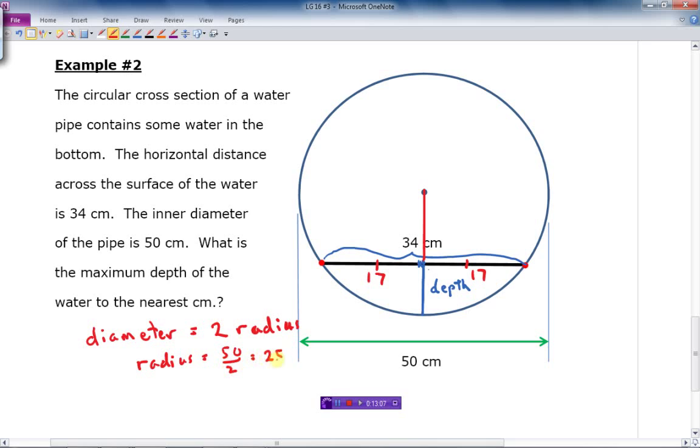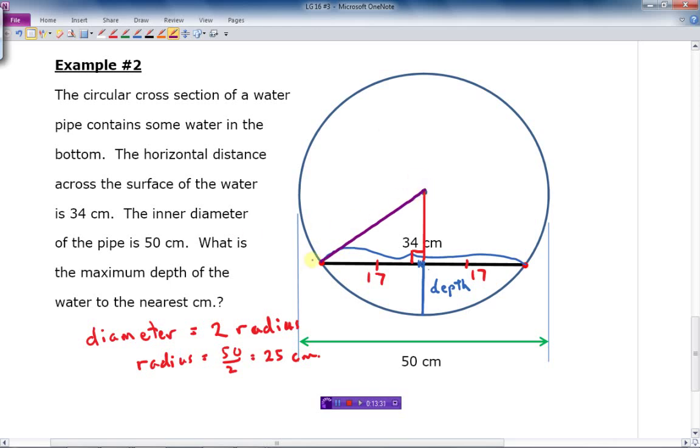Again, this is a perpendicular bisector that bisects it, which means it's got to be 90 degrees. So again, I'm going to draw my triangle. And there we go, that's a 90-degree triangle. That distance there is the radius, so that's got to be 25.